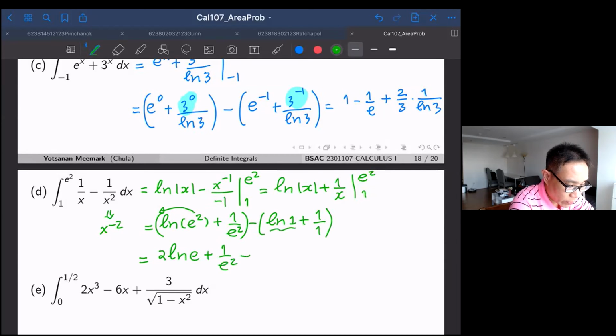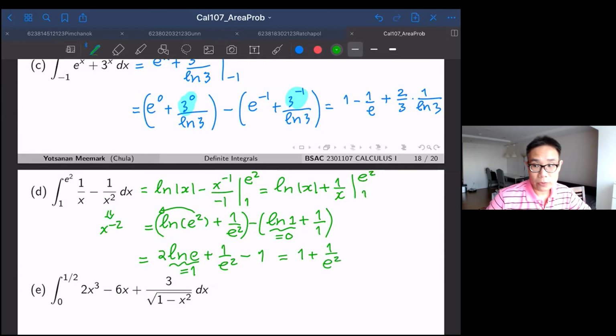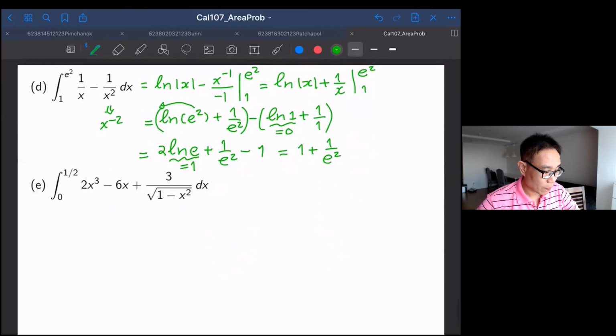Log 1 is equal to 0, so you get minus 1. Log e is equal to 1, so it's going to be 2 minus 1. So it's going to be 1 plus 1 over e square. So that's my D.